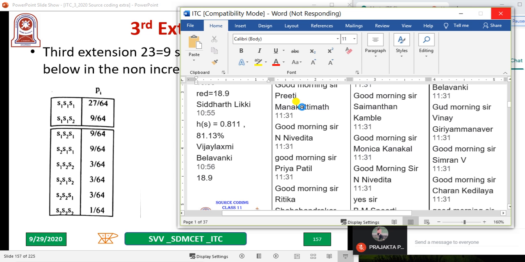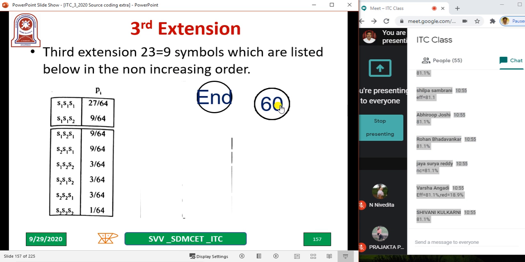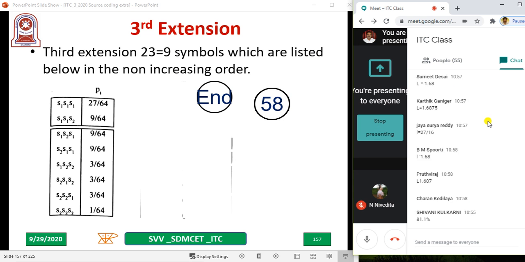Assign the code word for S1 S1 S1, S1 S1 S2, S1 S2 S1, like that. And find out the average length. Find out the efficiency.